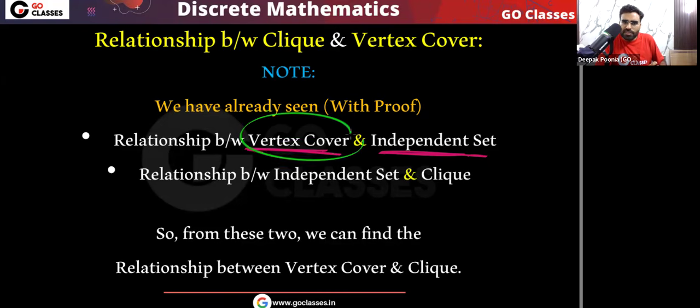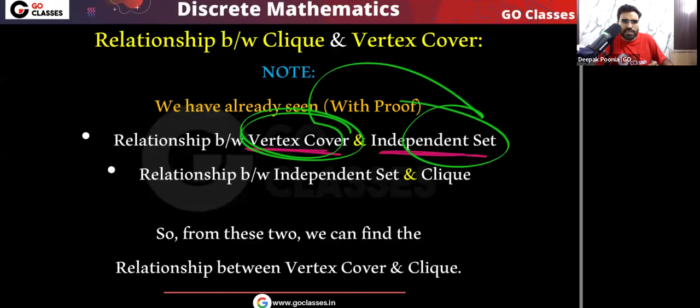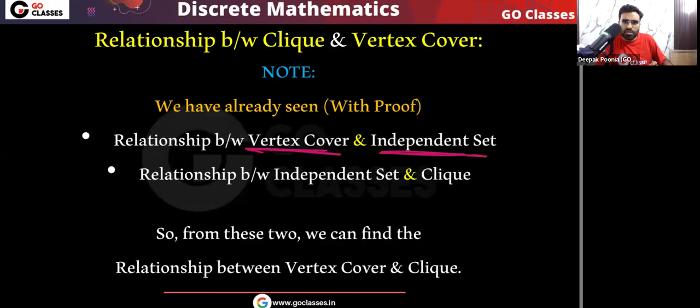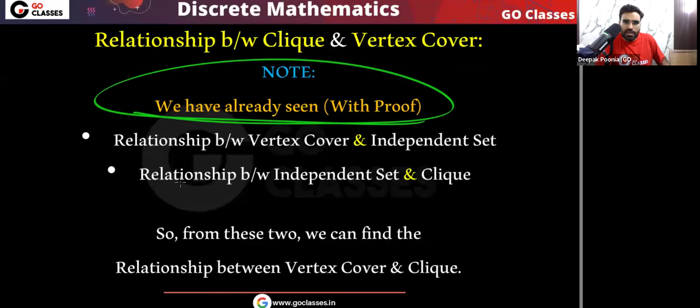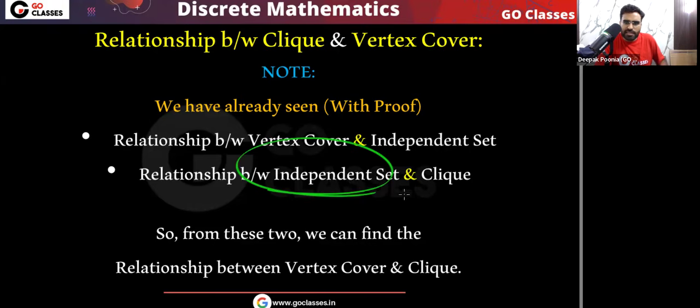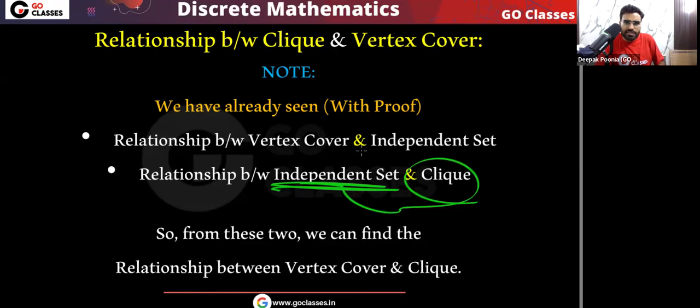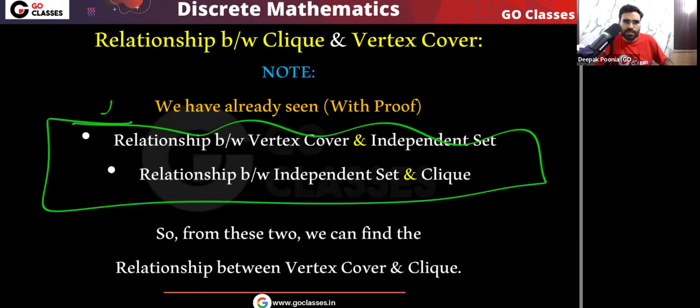That means if a subset of vertices S is a vertex cover, then the remaining vertices V minus S will be an independent set in G. We have also studied with proof that independent set and clique are complementary concepts in G and G complement. When you complement the graph, an independent set becomes a clique and a clique becomes an independent set. These two relationships are important.